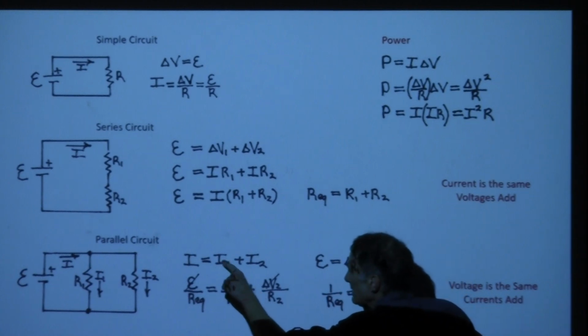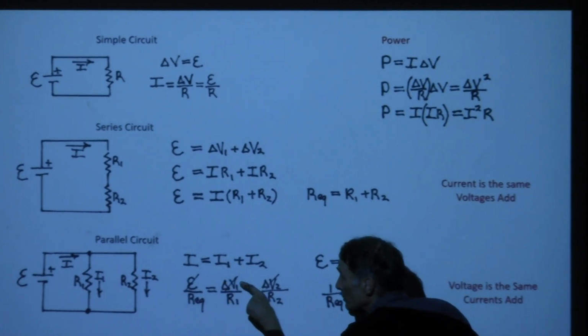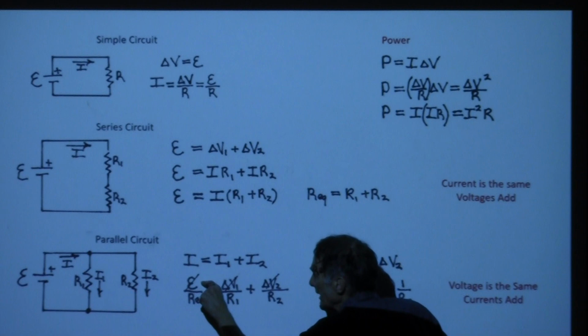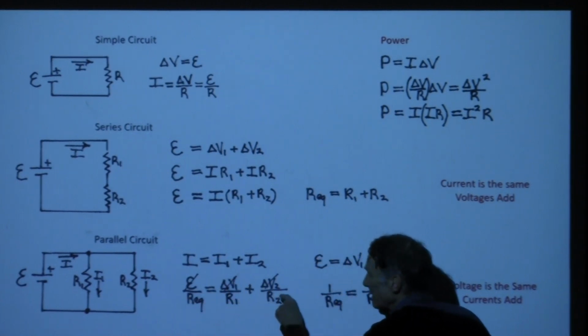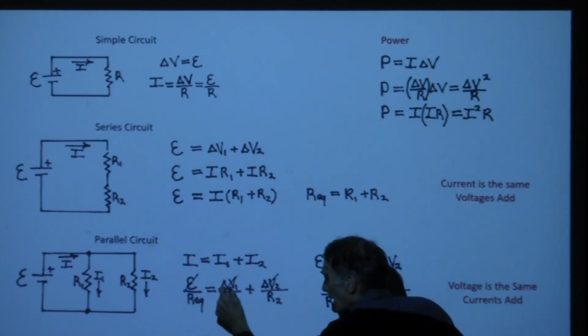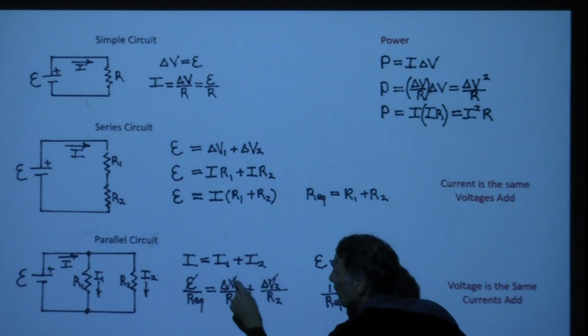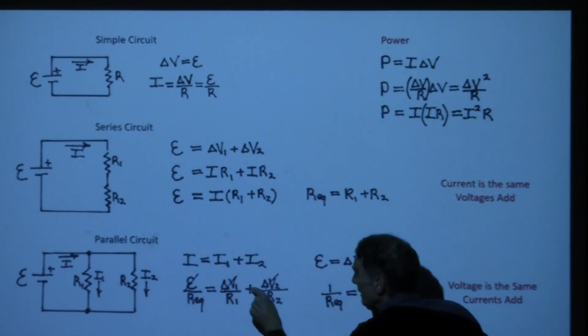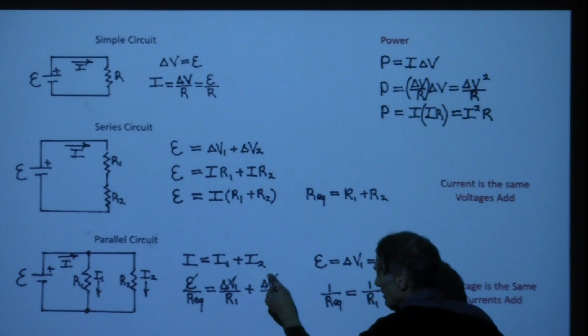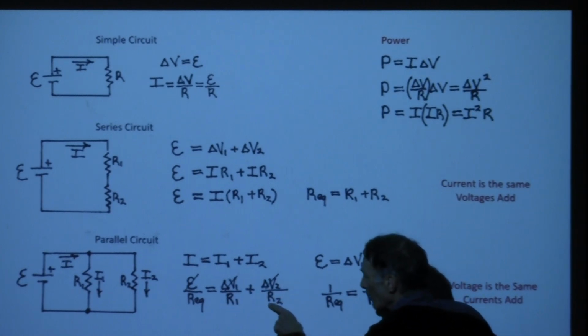We can replace the I using Ohm's law. We can say I is equal to E over R equivalent, which is equal to the change in voltage for the first one over R1, plus the change in voltage for the second one over R2.